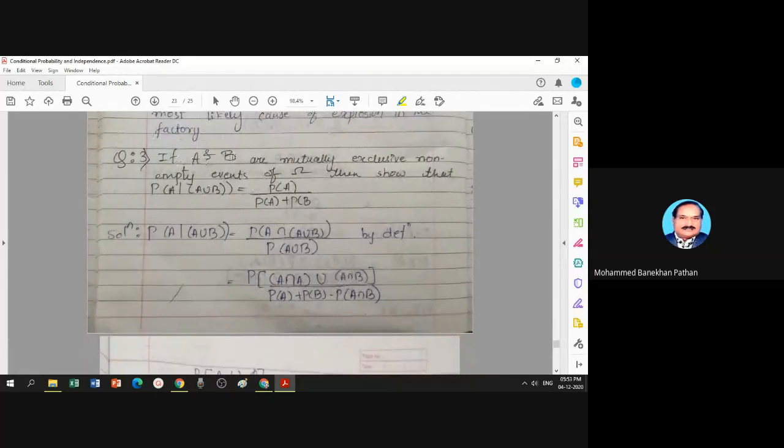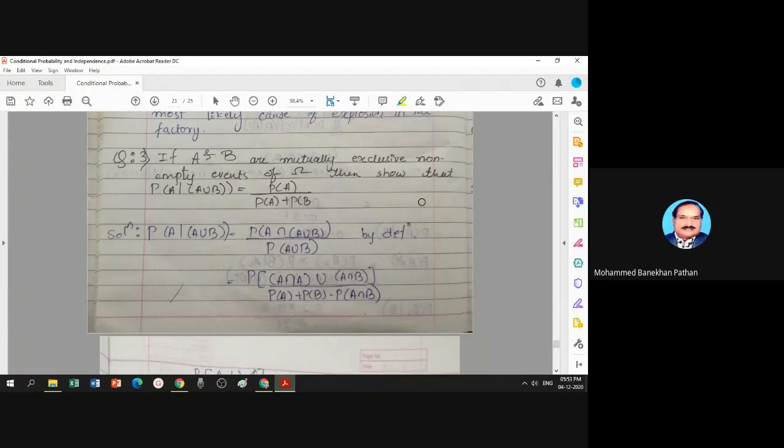If A and B are mutually exclusive non-empty events of omega, then show that probability of A given A union B equals PA divided by PA plus PB. Very simple question based on the conditional probability definition.